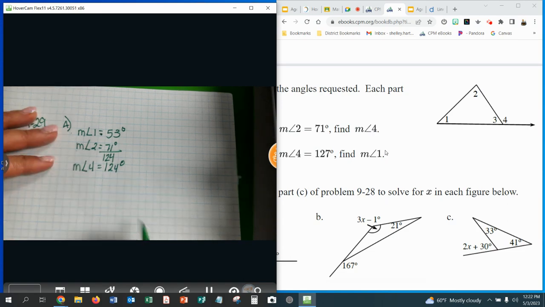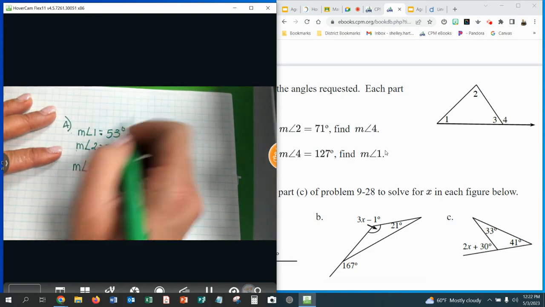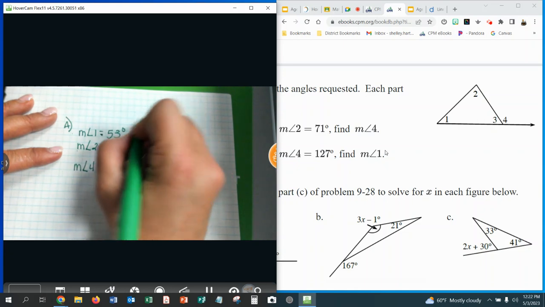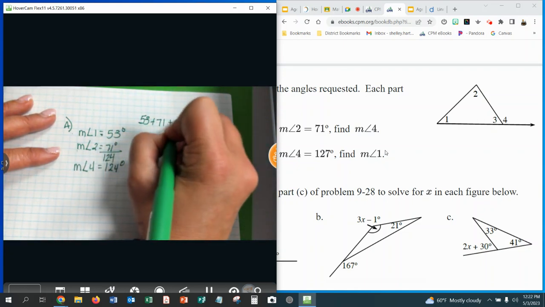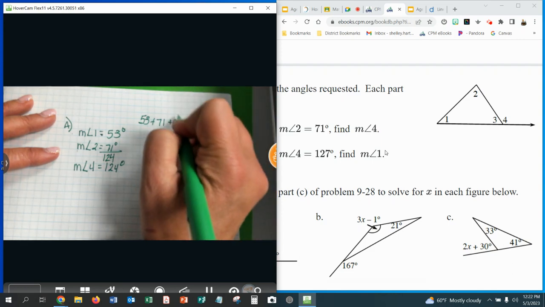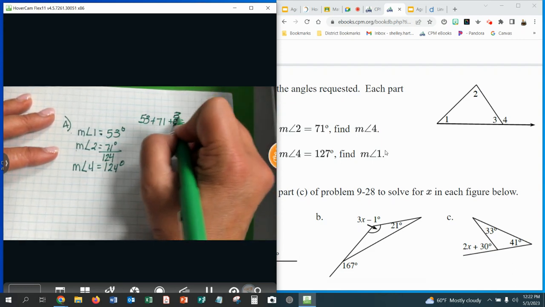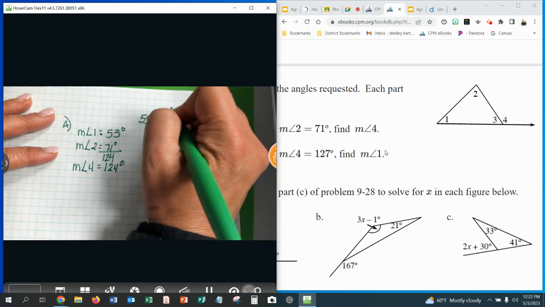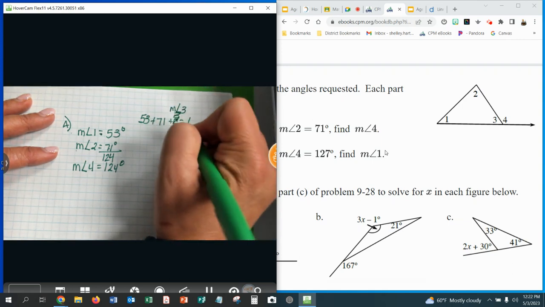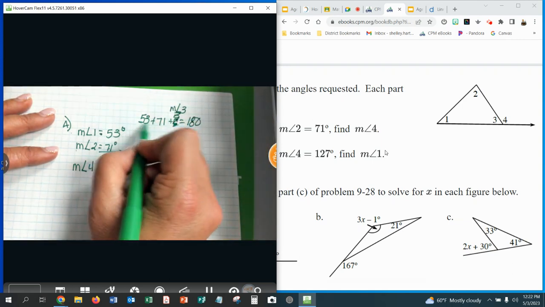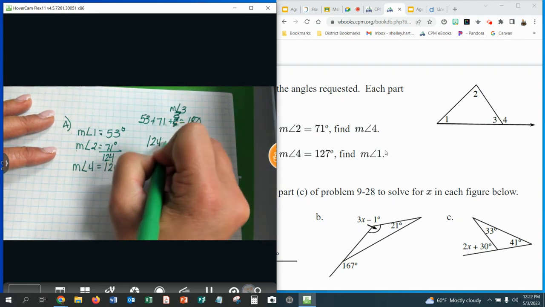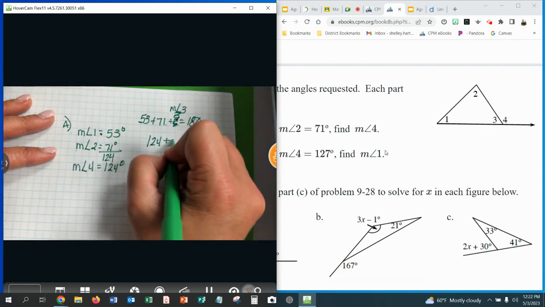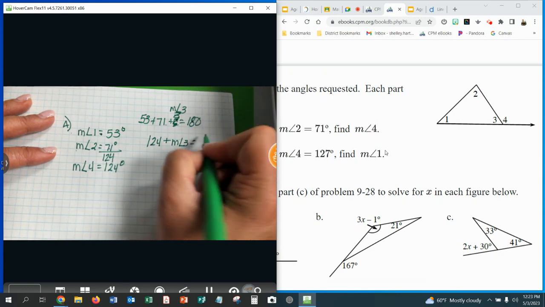Great. Okay, so if you look at 1 and 2, watch. If we added up 1 and 2 to find out what angle 3 is, from 180, right? 53 and 71 equal 124 plus the measure of angle 3 equals 180.